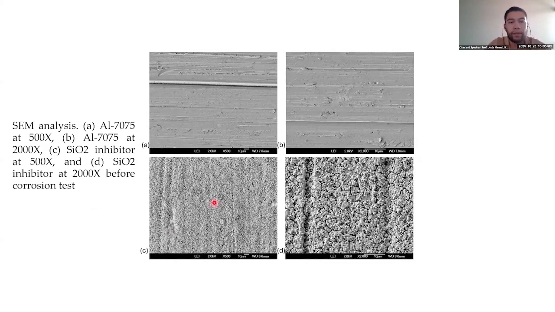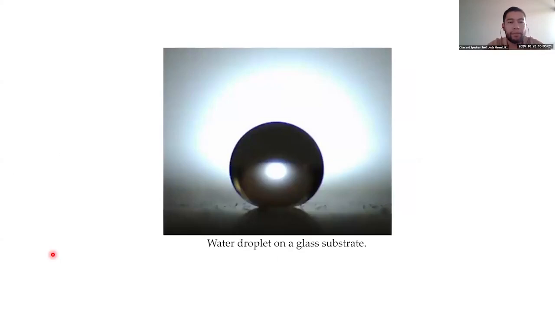When the coating is applied, you can observe that the coating presents some cracks. Is it homogeneous? Yes, it is homogeneous, but it presents some cracks. Those cracks can be a problem in the future. The water droplets on a glass substrate look this way.